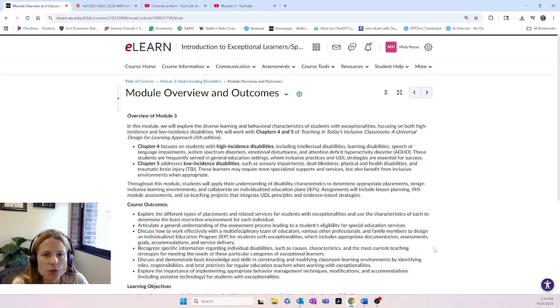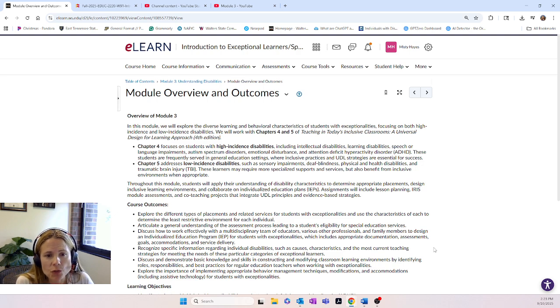This means students who may have intellectual disabilities, learning disabilities, language impairments, autism spectrum disorder is on there, emotional disturbance. This even includes ADHD as well. So these are the students who are frequently served in either gen ed settings or even in student resource rooms.